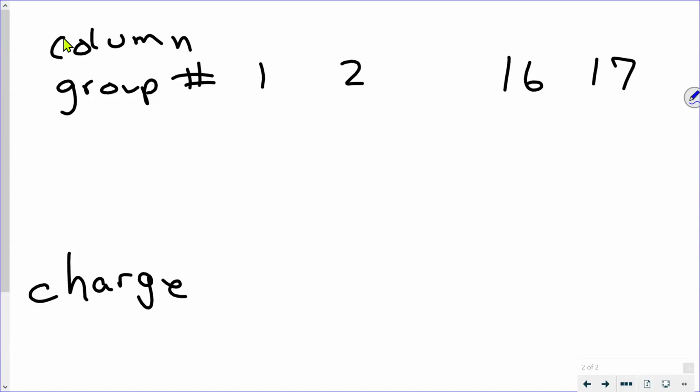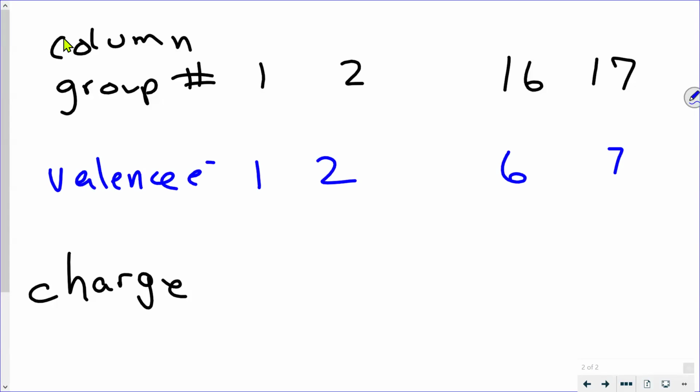A certain type of electron found on the outer shell. Valence. Okay. Group 1, 2, 16 has 6, 17 has 7.